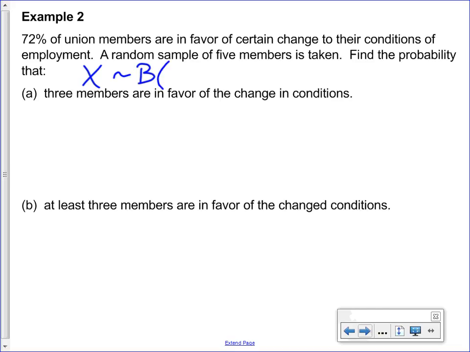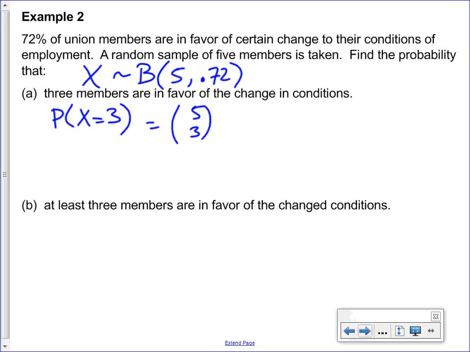The number of members, 5, yeah. And then the probability is 72%, so I'm going to go with 0.72. Okay. So the probability that 3 members are in favor of the change, the way to do it is you're looking for X equals 3. So 5 choose 3, 0.72 to the third, and what remains? 0.28, yeah.